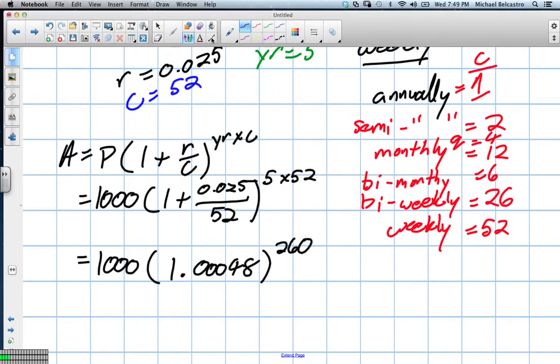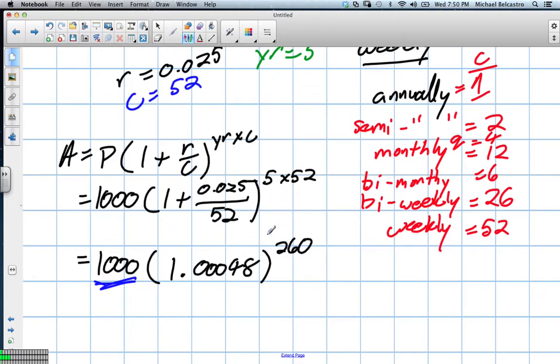So this seems odd. First of all, the interest rate is way lower than we said it was going to be. If you think about this, this looks like 0.48%, not even 1%. And our time is no longer 5, it's 260. Well, what's actually happening is every week you're getting a new amount of interest in your bank account. Then they add that to your total amount, and then they give you interest on the new amount.